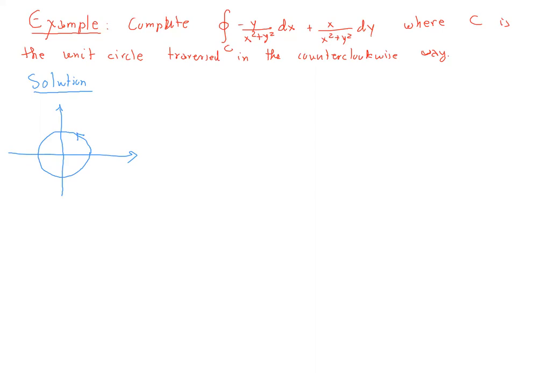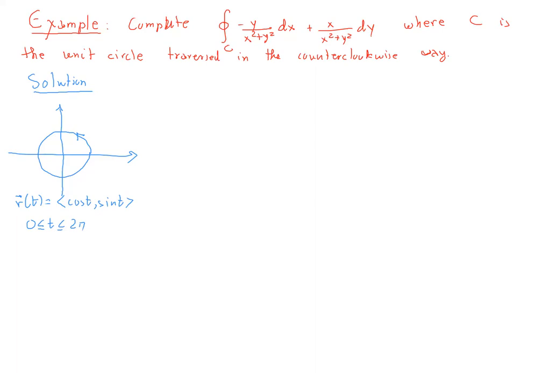We know that this is parameterized by cosine t, sine t for t between 0 and 2 pi, because we want the full circle now. Nobody said anything about part of it, and the integral has the closed path sign, which means that it's all of it.